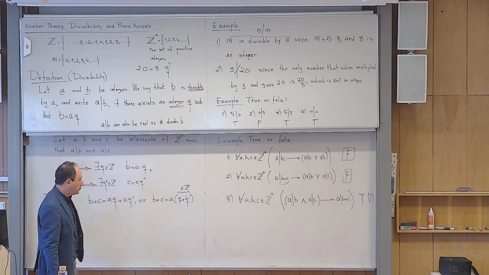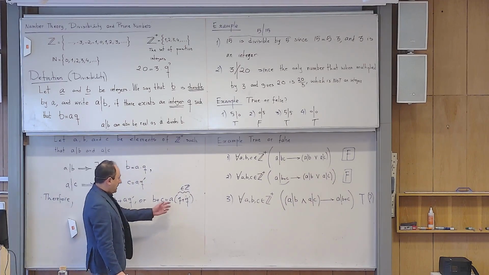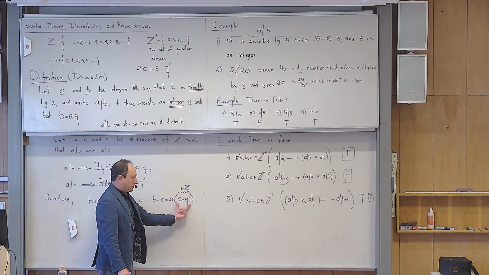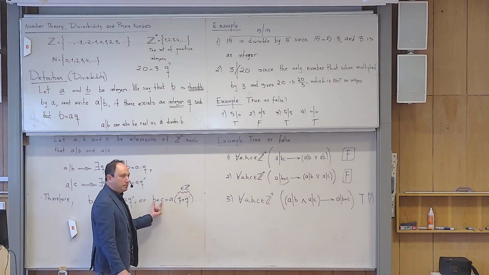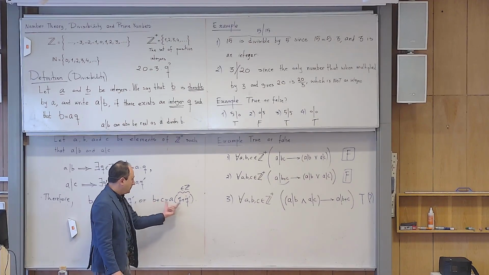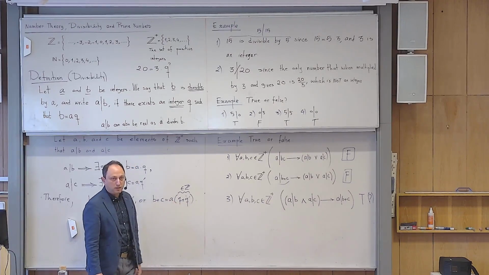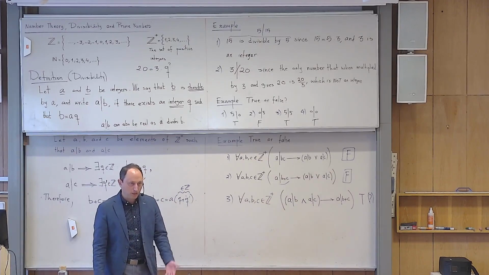Now look what happened. An integer, whatever it is, I don't know, but I know it is an integer, after being multiplied by a, gives me b plus c. So what does it mean? It means b plus c is an integer multiple of a, so b plus c is divisible by a.